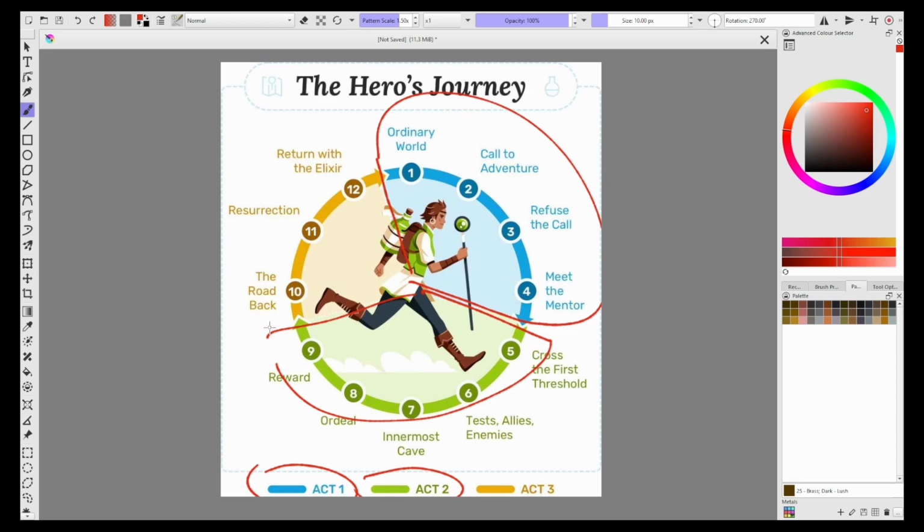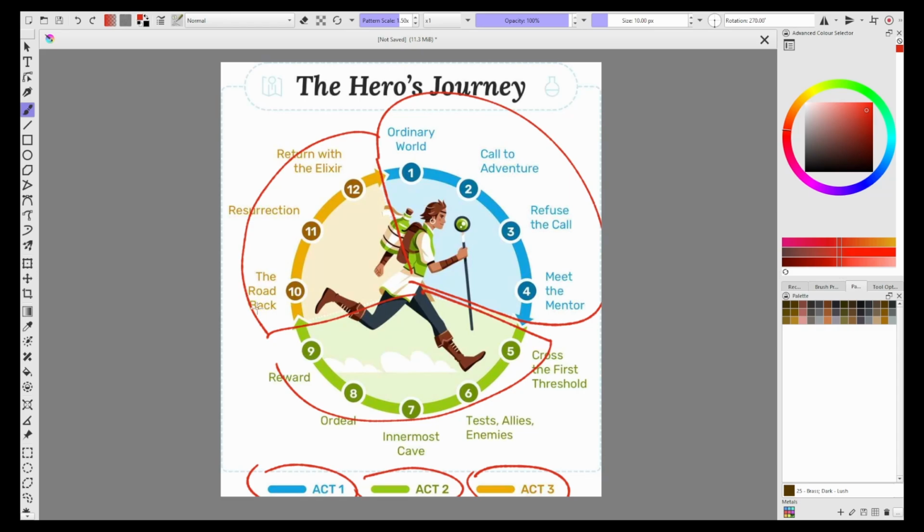And then we have Act 3, which is this yellow bit. This is obviously the equivalent to the last act of the 3-act structure, which is where you have your climax to the story and your resolution. So as you can see, the basis for the hero's journey is basically the same as the general 3-act structure.